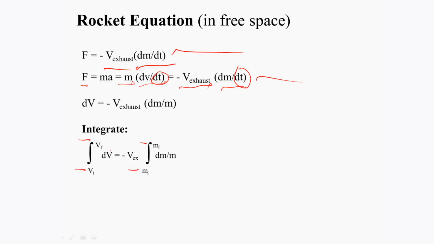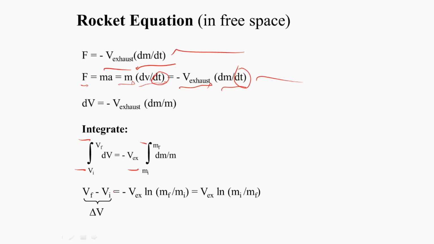And of course the integral of dv is just v, and so we have on the left-hand side the final velocity minus the initial velocity, which we call the change in velocity, and delta is the Greek symbol we use for change, so we often refer to this as the delta V, or the velocity increment that we can get by burning a certain amount of propellant.